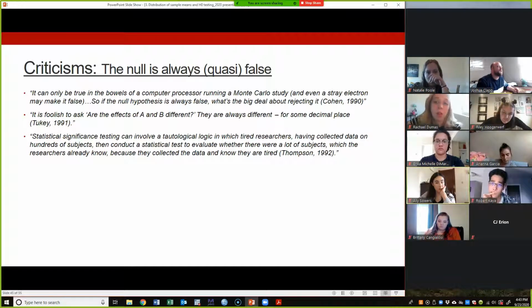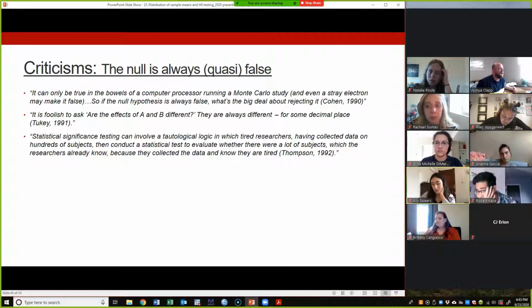Is the average extroversion score in population 1 and population 2 ever going to be exactly the same? No. There's always going to be some difference, right? Or is the average spatial reasoning score in one population of individuals and another population of individuals ever going to be identical, the exact same?